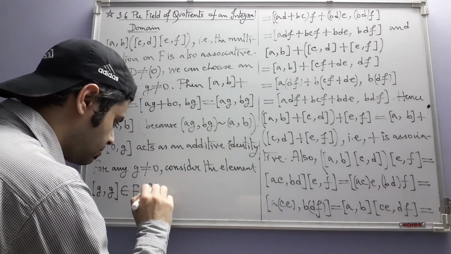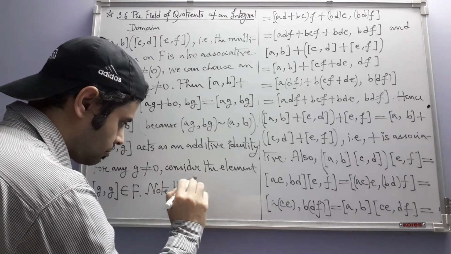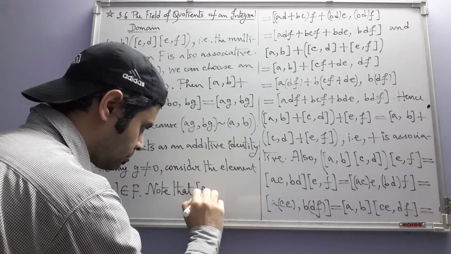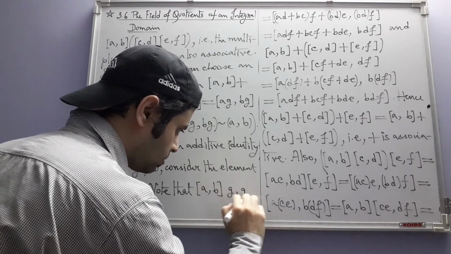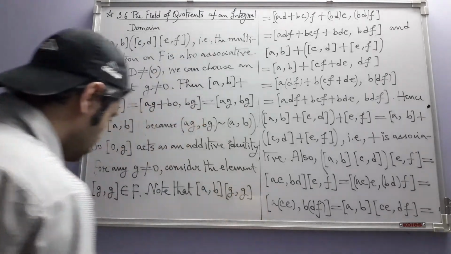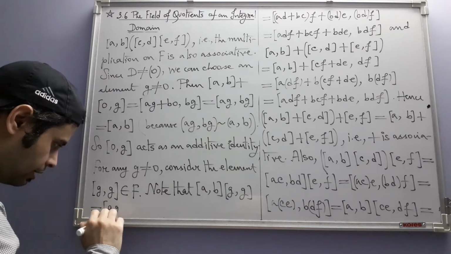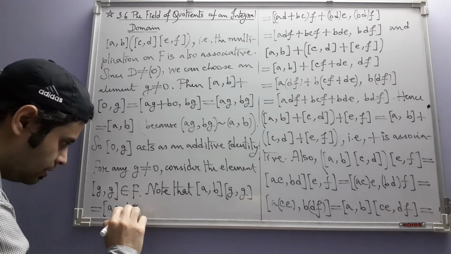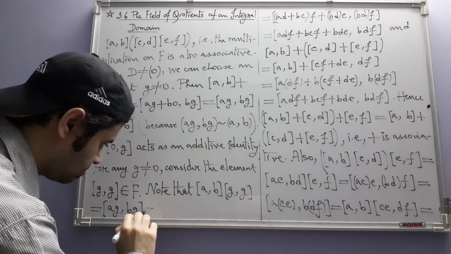Note that (a, b) times (g, g) is equal to (ag, bg), and we have already seen that this is equal to (a, b).